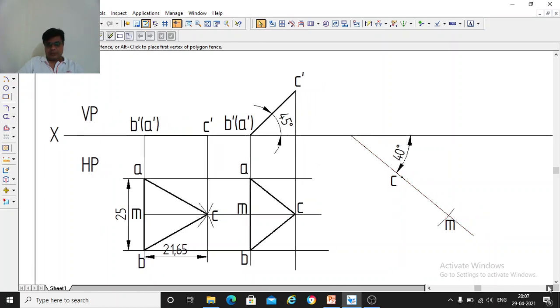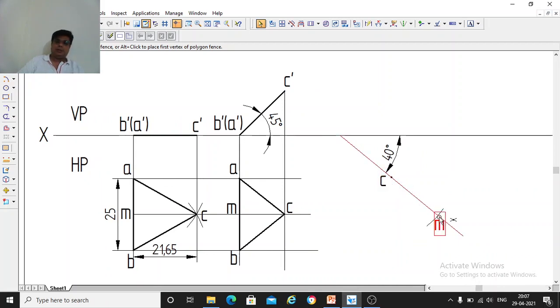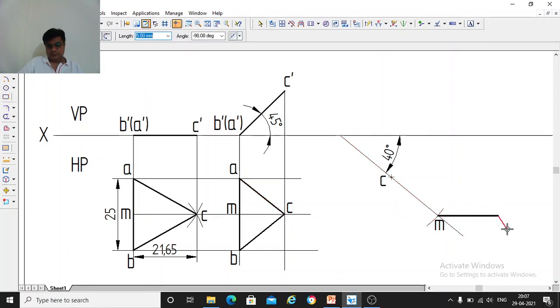Okay. So next step is from this intersection of this curve and this line, you should draw one horizontal line. This is the locus method you have to follow.